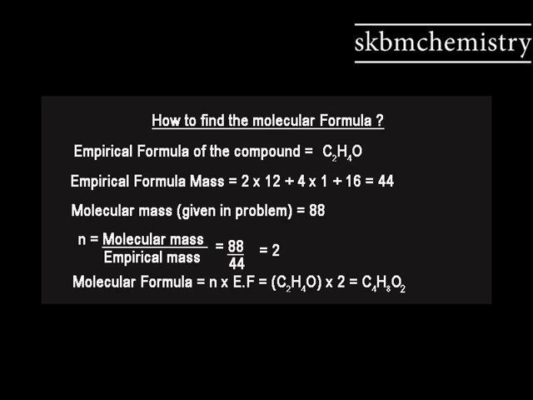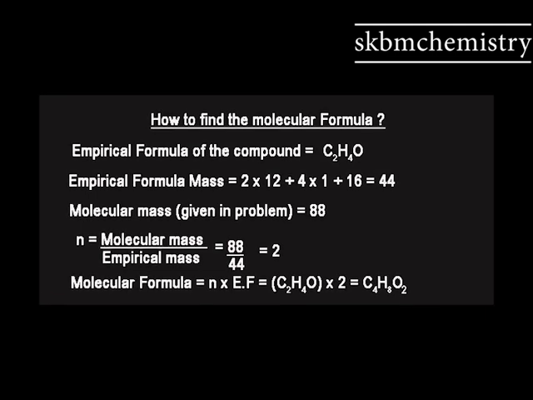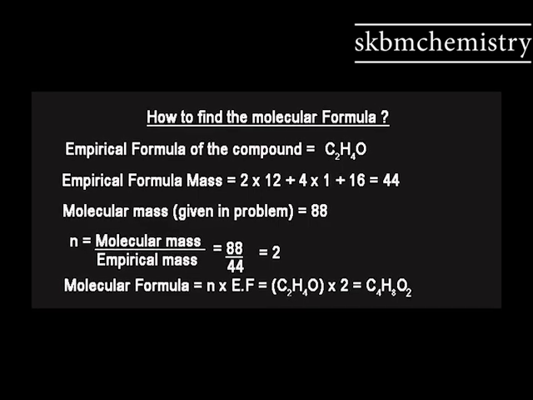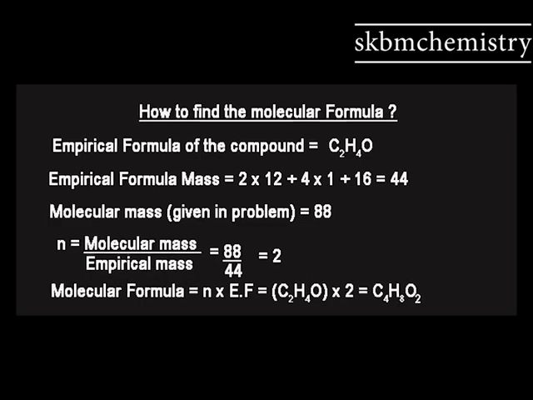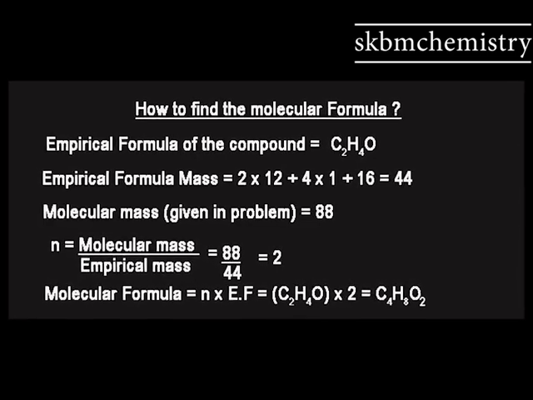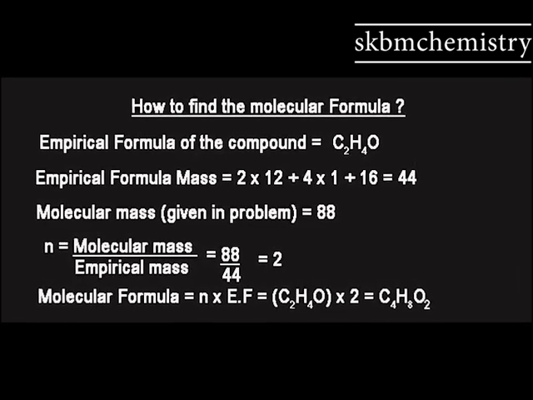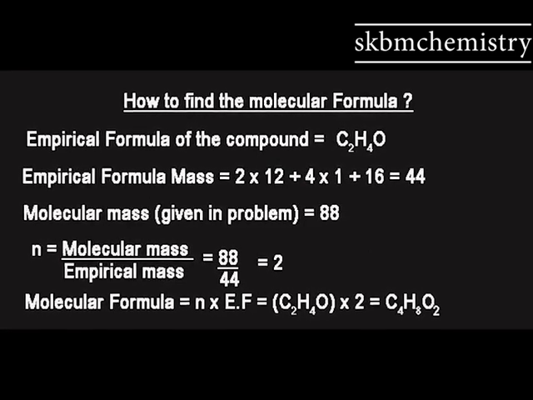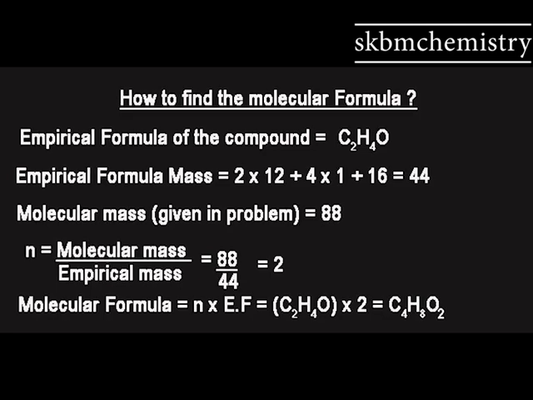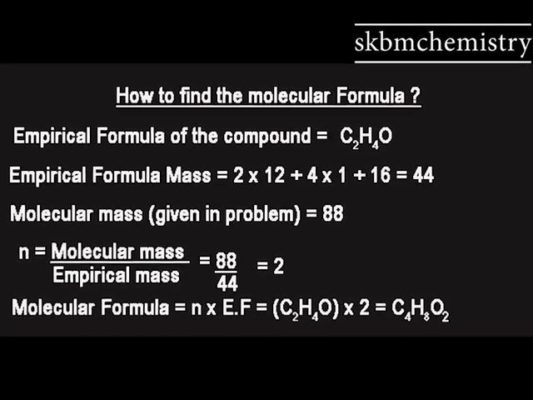Now we have to find the molecular formula. We know that the molecular formula can be obtained by just multiplying the empirical formula with a number n. And how can that number n be found? By dividing the molecular mass by the empirical formula mass. The molecular mass of the compound is given in the problem itself as 88. Now we have to find the empirical formula mass.